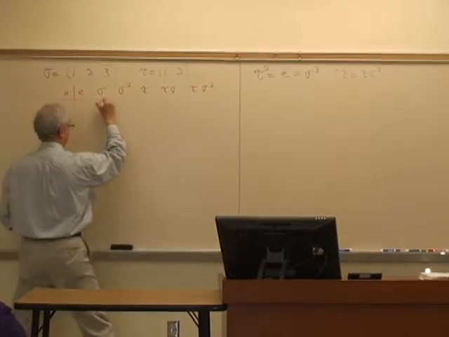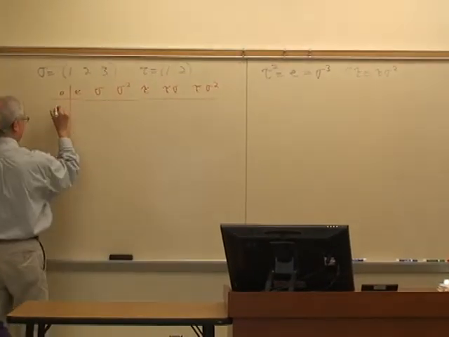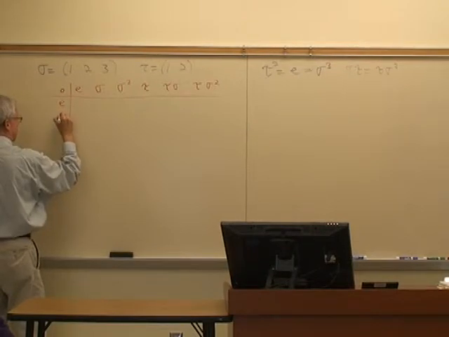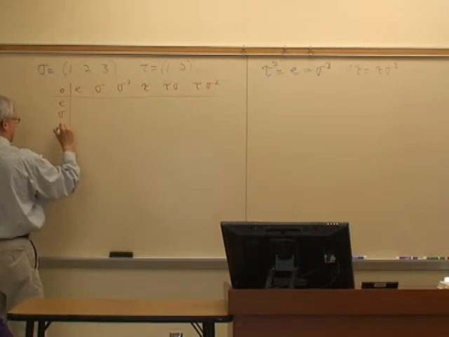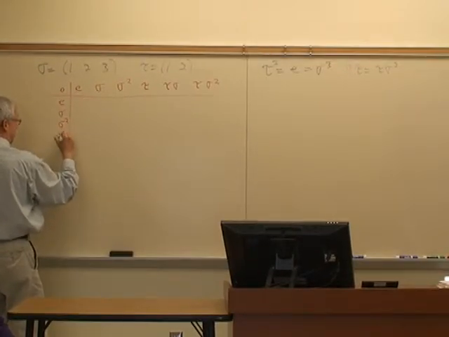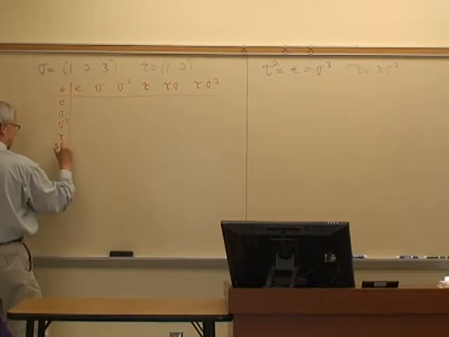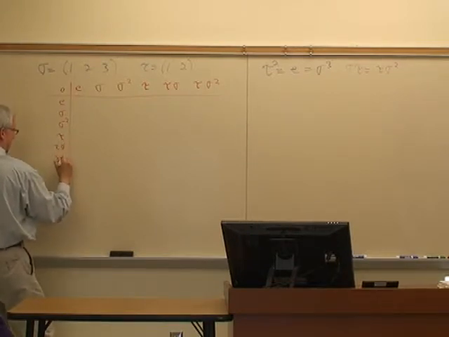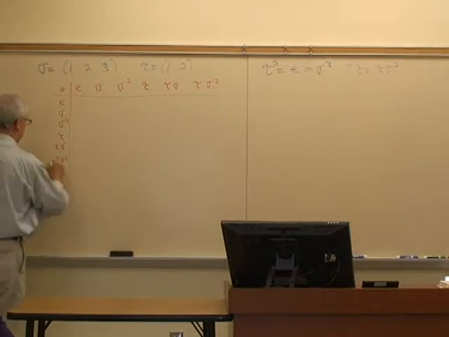And then running down, I have the same elements: identity, sigma, sigma squared, tau, tau sigma, and tau sigma squared. Six elements.